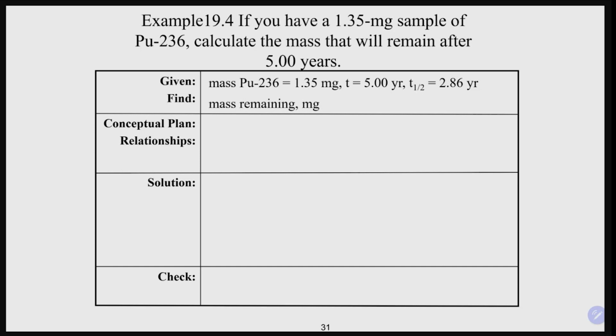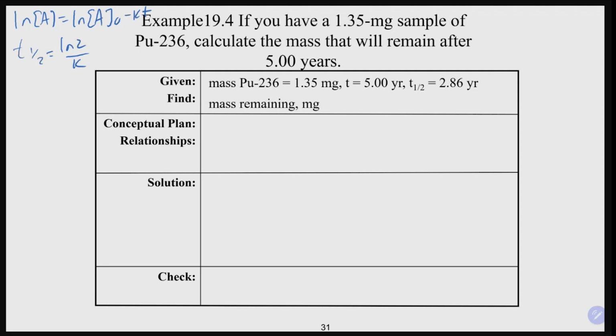Anything that involves how long something takes to decay is going to be kinetics, and again it's going to be first order kinetics. If you want, you could just use the regular first order equation. You don't necessarily have to use the nuclear chemistry version of it. You also want to think about the half-life equation, since they are often used together in these types of problems.